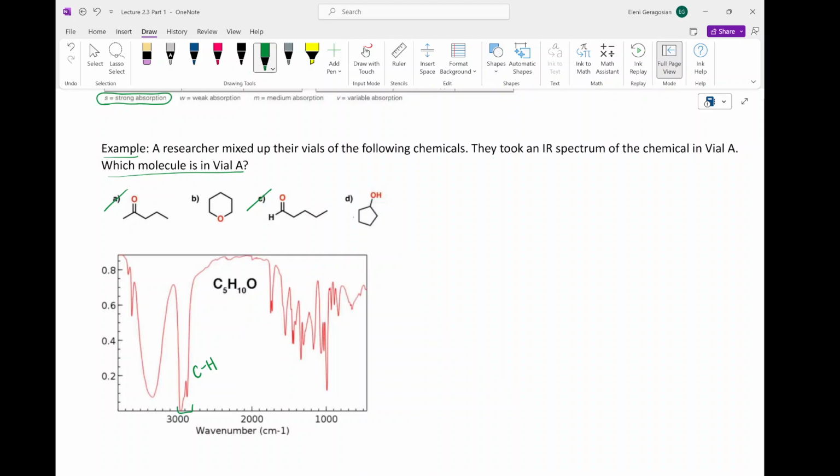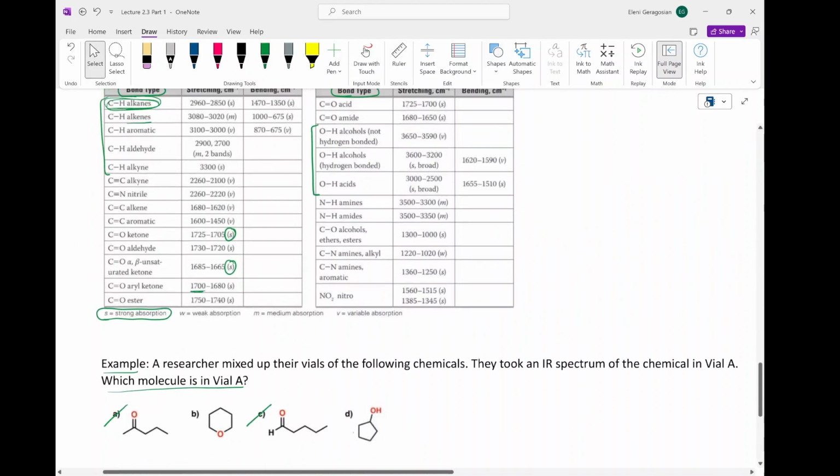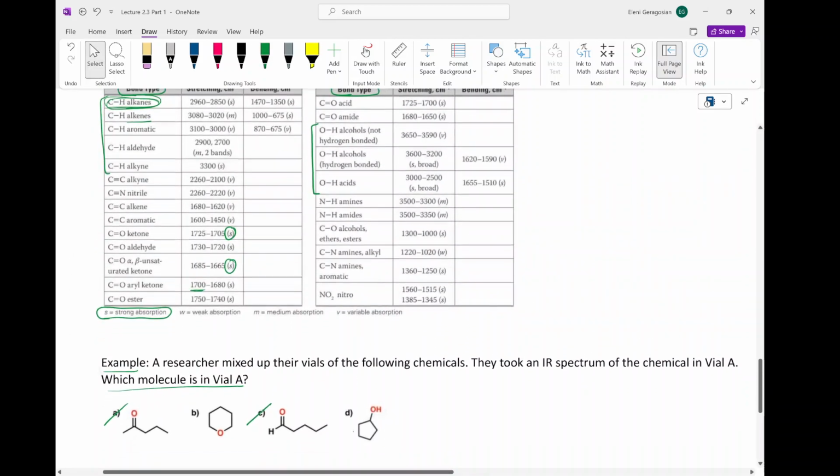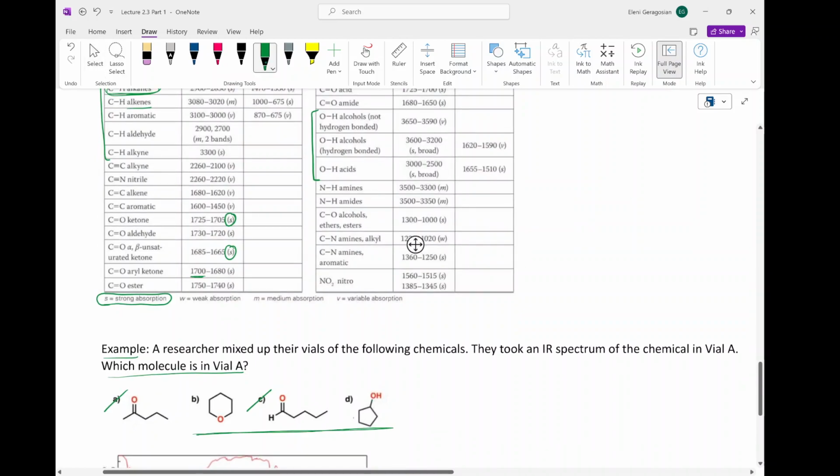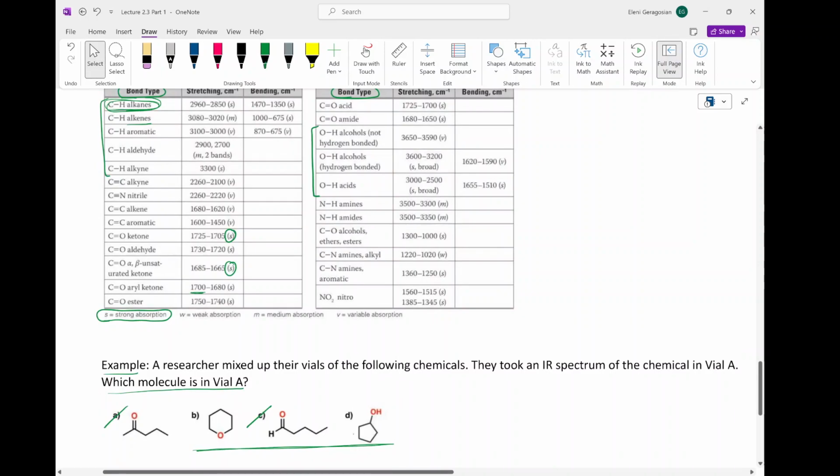Another sharp peak that we have is right here, around 3,500. Going back up to our table and considering what our 2 options are, B and D. Carbon to oxygen single bonds are in this region, not at 3,500. And that's present in B. We also have that in D, but another peak we have in D is that oxygen to hydrogen single bond.